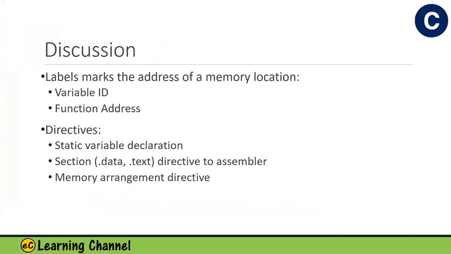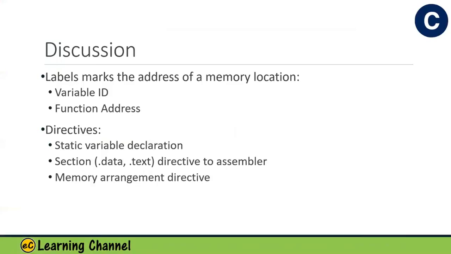So the next one, discussion. Labels. A label is like a variable ID or your function address. So you mark the address of some memory location, so you can jump to it, or use it to pass as an address, like the MSG, right? So a label is a pointer or an address. A directive tells the assembler, I try to declare an integer, or I try to declare a string.